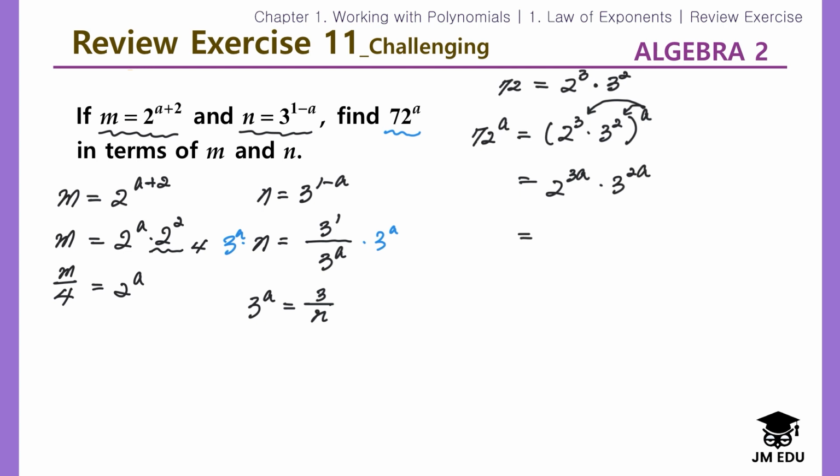And we know that 2 to the power of a is equal to m over 4, and 3 to the power of a is 3 over n. And we have to write this in terms of m and n, right?